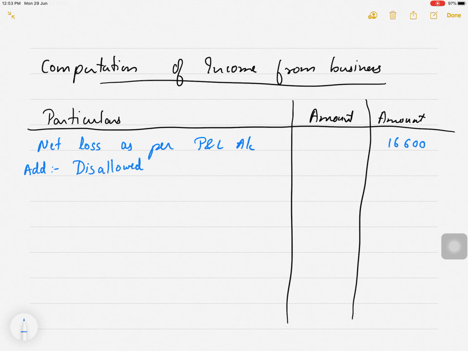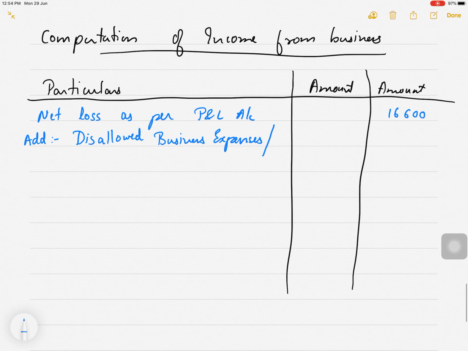Add disallowed business expenses, or expenses to be treated separately.